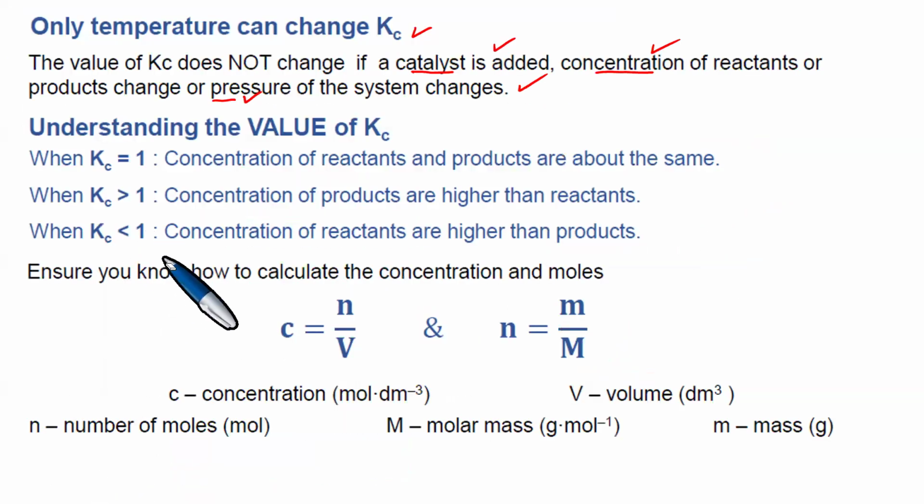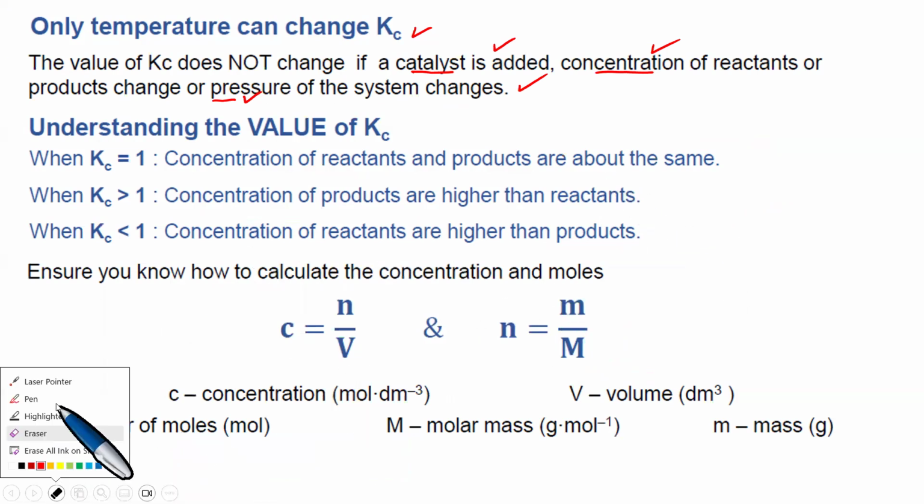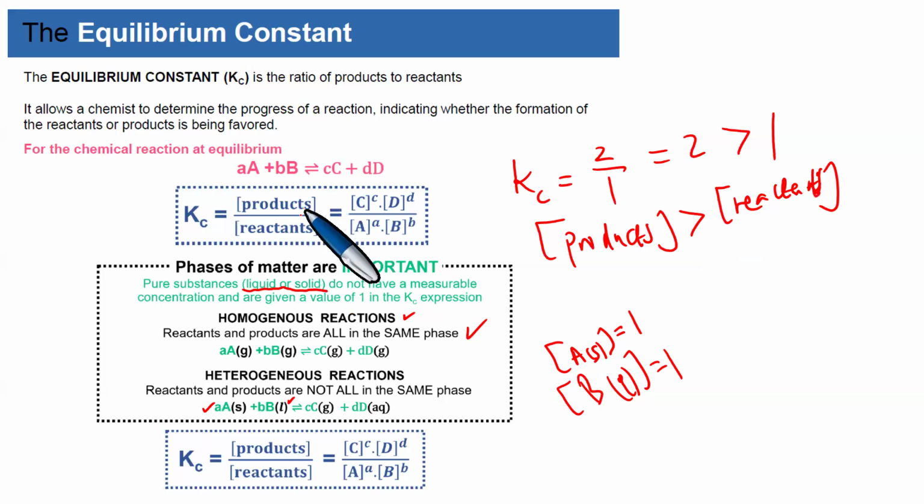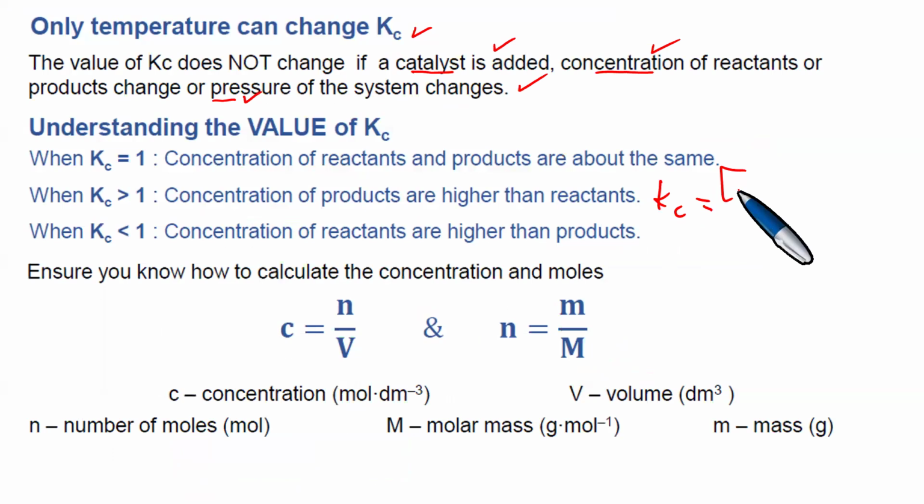When is the Kc smaller than 1? When the concentration of the reactants is higher than that of the products. So in other words, we're dealing with Kc, the concentration of the products divided by the concentration of the reactants.